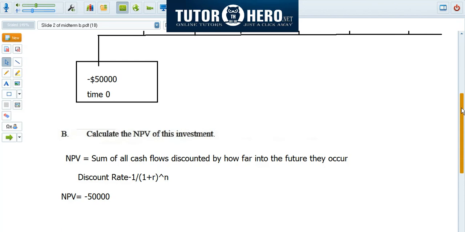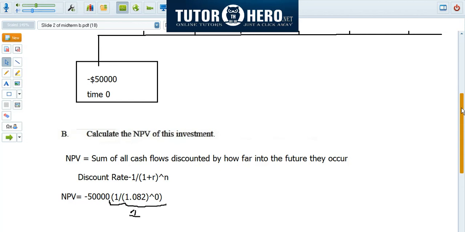So when you plug into this discount rate formula, just for completeness, you're going to get 1 over 1.082, going back up to look at our interest rate again, but that's going to be raised to the 0 power. And so that means that this whole thing becomes 1. So year 0, it's just going to be minus 50,000.